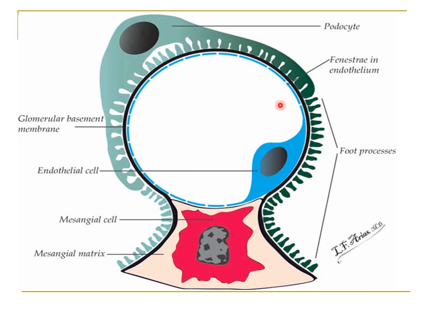So you can see that this is an endothelial cell of the capillary, and outside the podocyte is covering these capillaries from the outside with all its pedicles, forming the foot processes, and these foot processes interdigitate with each other, and the filtration slits are formed, and there are fenestrations in the capillary endothelium you can see here. And these are the mesangial cells along with the mesangial matrix, which we're going to discuss now.